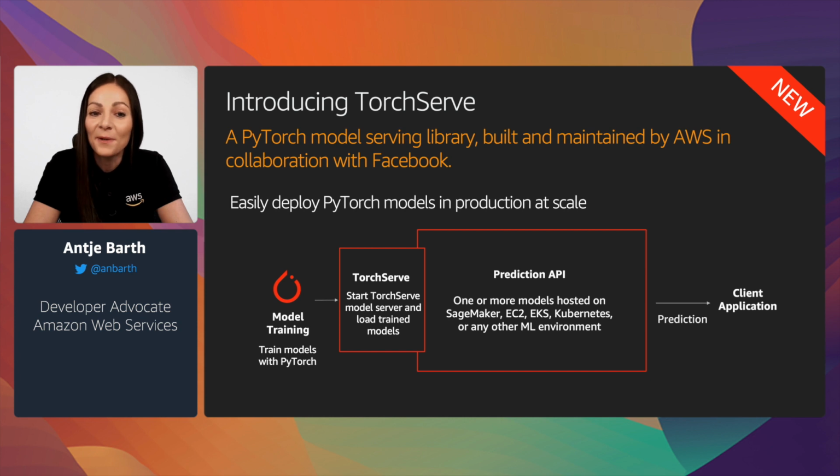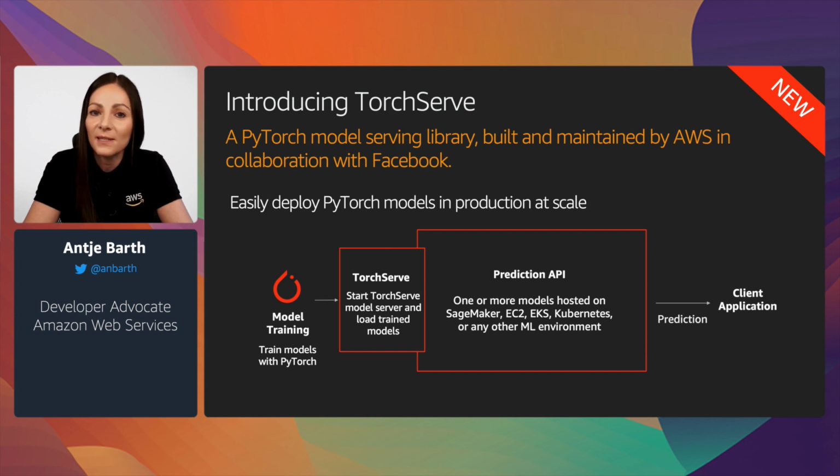TorchServe is a PyTorch model serving library built and maintained by AWS in collaboration with Facebook, which we just released recently. You're basically starting with training your models as you're used to in PyTorch, and then you can start the TorchServe model server and load your trained models.